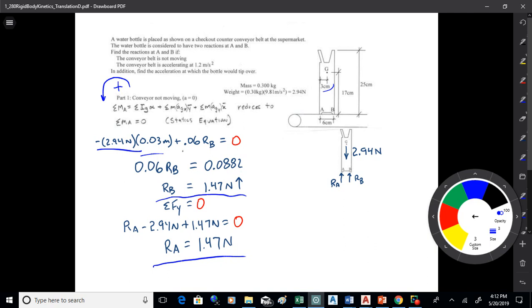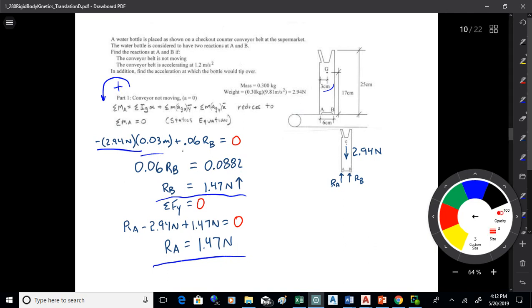All right, so we start with that. Now let's have a look at what happens if we accelerate this conveyor belt. Let's make it accelerate at 1.2 meters per second squared and see what's going to happen. This is the second one down there. Things are going to change a little bit.